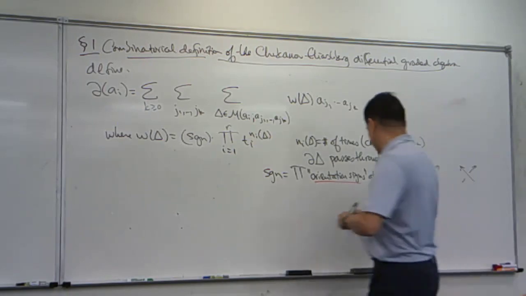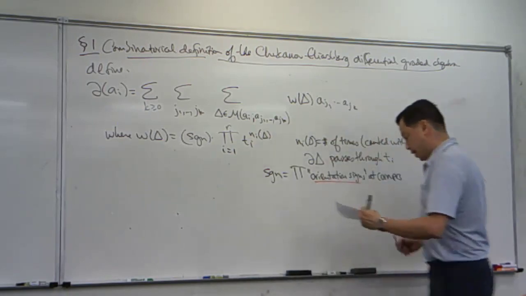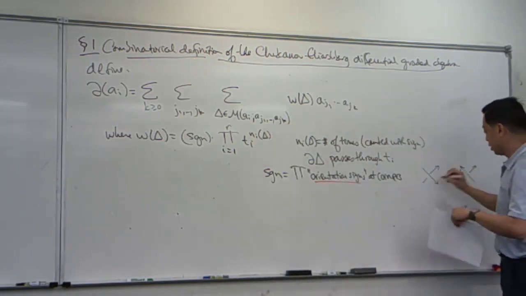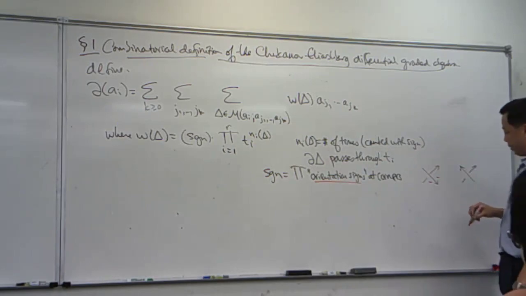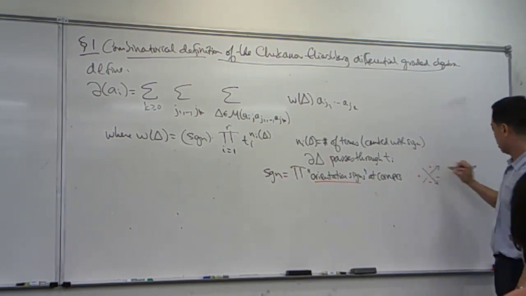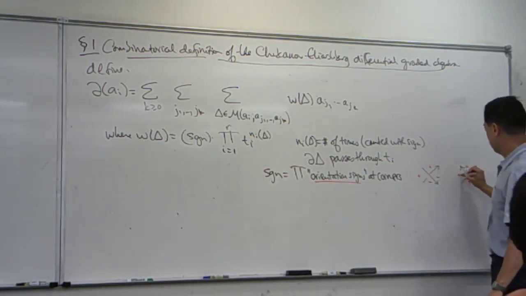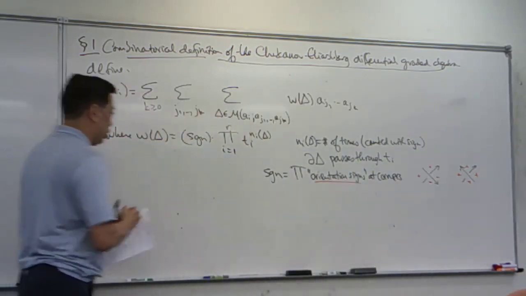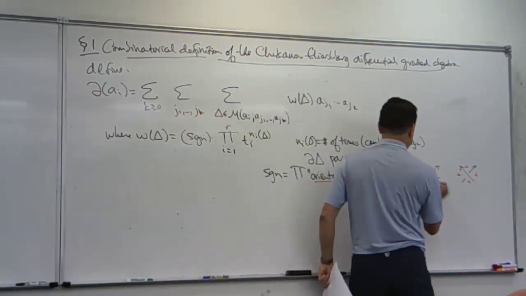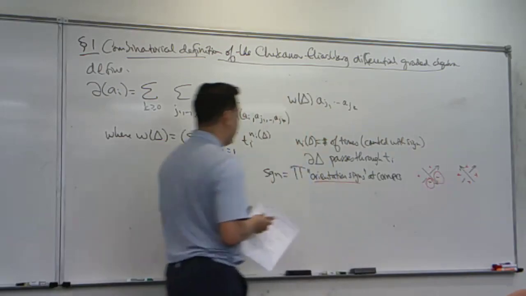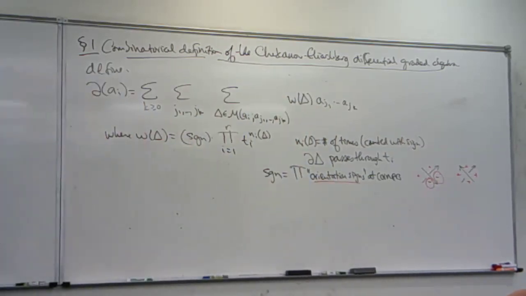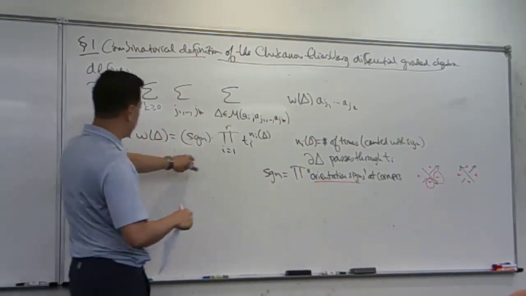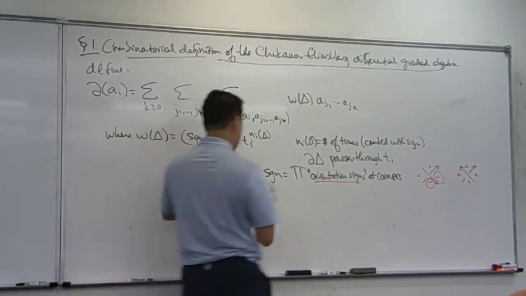This is a positive crossing, that's a negative crossing. The orientation signs are minus, minus, and everything else is a plus. The key ones here are the minus, minus here. And you just multiply together all the signs at all the corners, and that gives you a plus or minus 1.